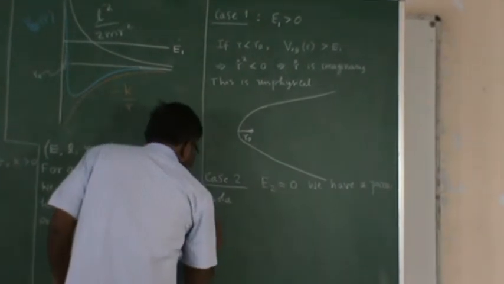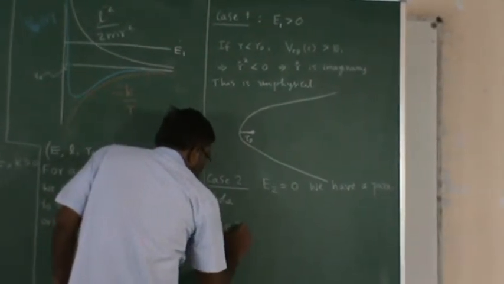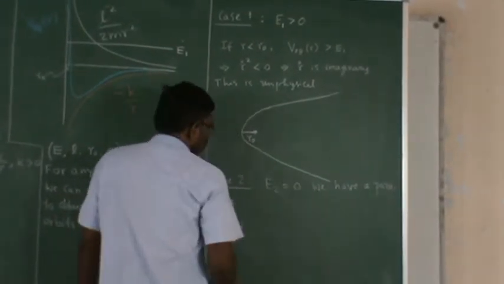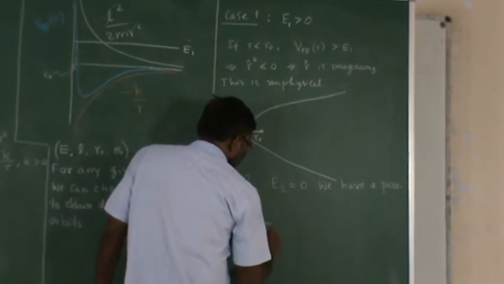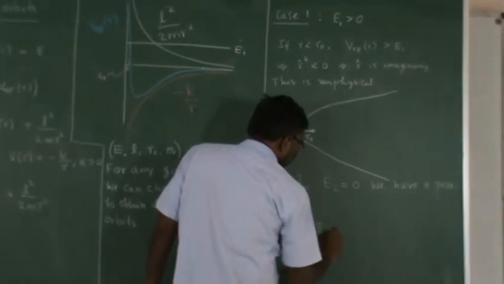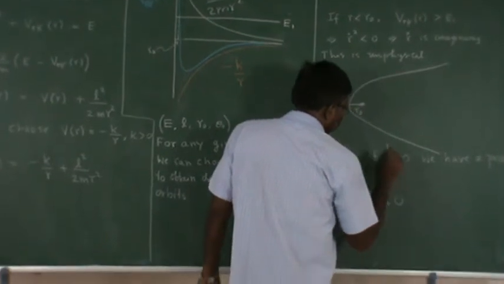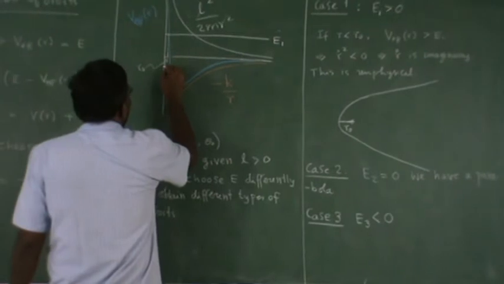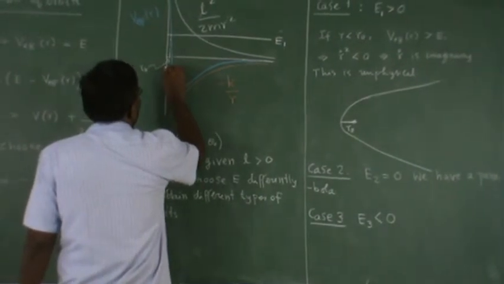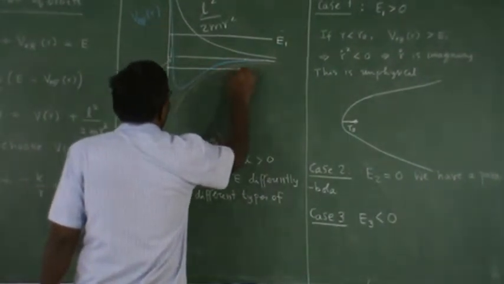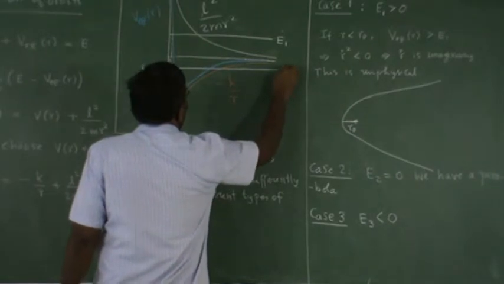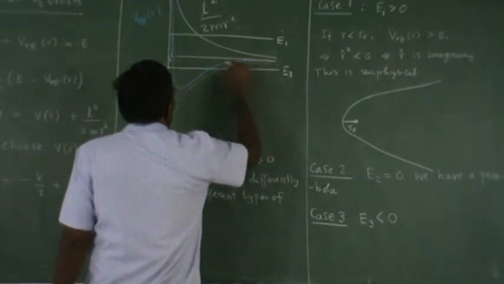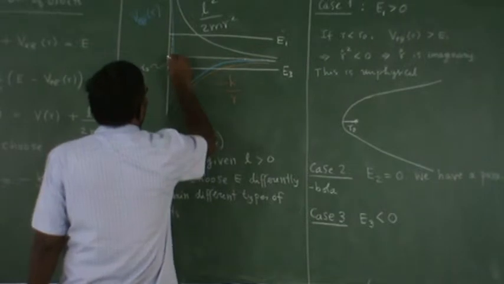Now case 3 is E less than E2, which I will call it as less than. That means I am talking about some energy which is somewhere here. I will call this E2, which is exactly 0.